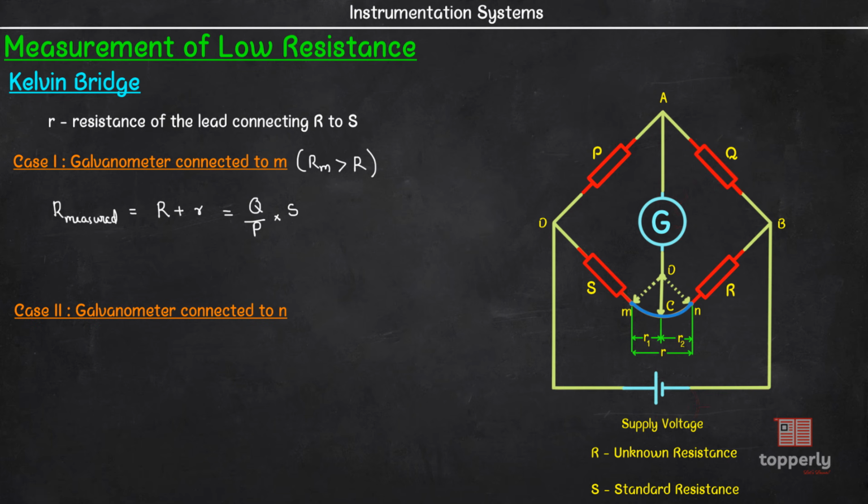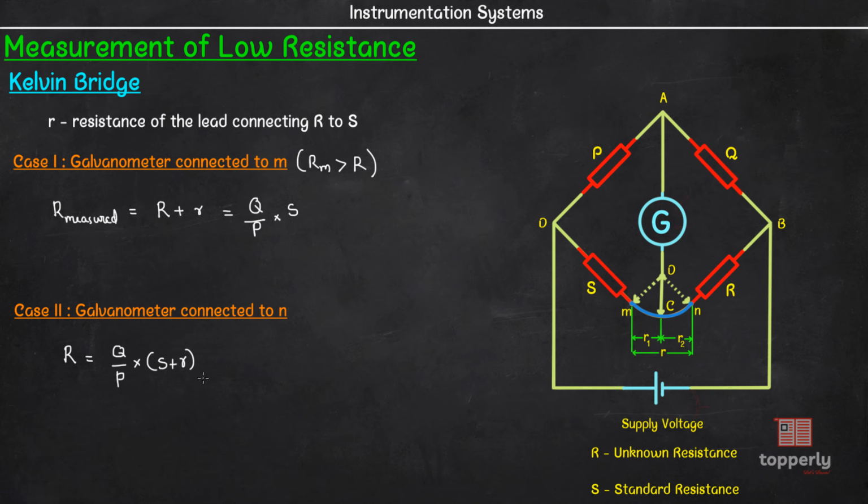Now, consider the case where the galvanometer is connected to point N. In this case, the lead resistance small r is added to the standard resistance S. So the correct balanced equation is R equal to Q by P into S plus small r.